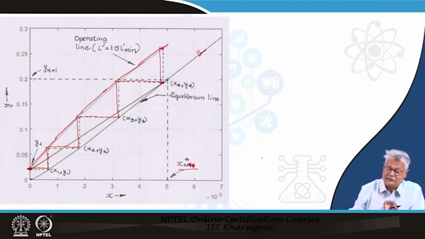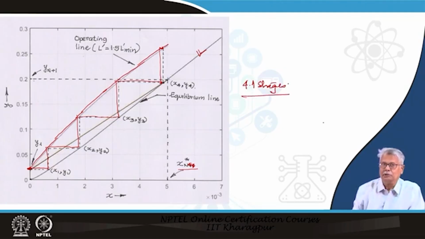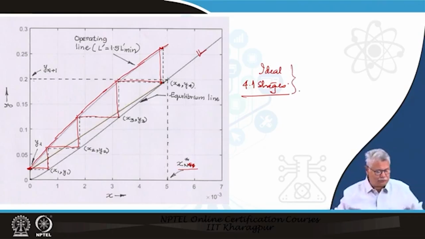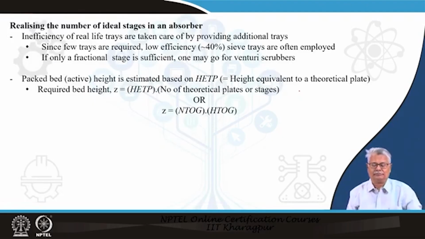Ideally, if I can really provide 4.1 stages, we will be too happy to do it. So basically what we find here is that we require 4.1 ideal stages, or we can say slightly more than 4. So this is the way you find out the number of ideal stages in this specific design problem. If you want, you can repeat the calculation yourself.